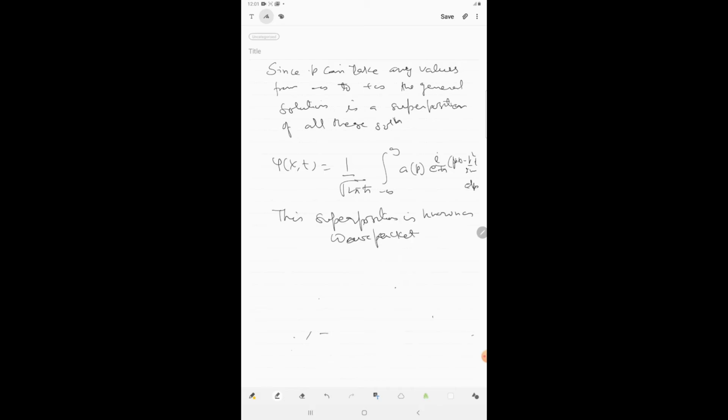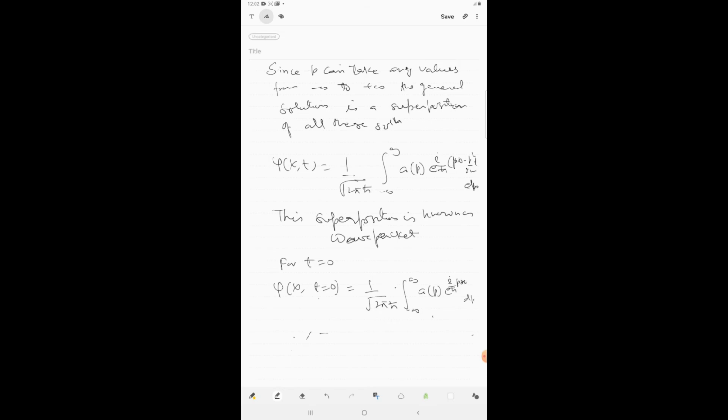So now our next part is how to determine this A(p). So for t equal to 0, we know that ψ(x) at t equal to 0. What we can get? We are left with 1 upon root 2πħ integral A(p) e to the power i upon ħ px dp.